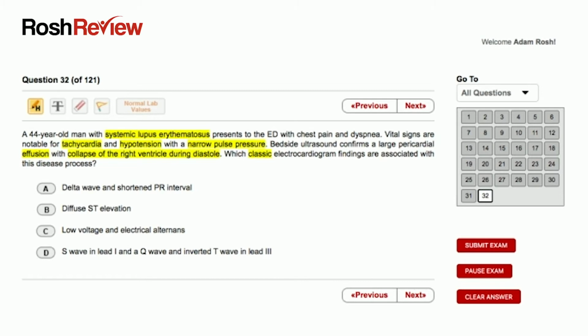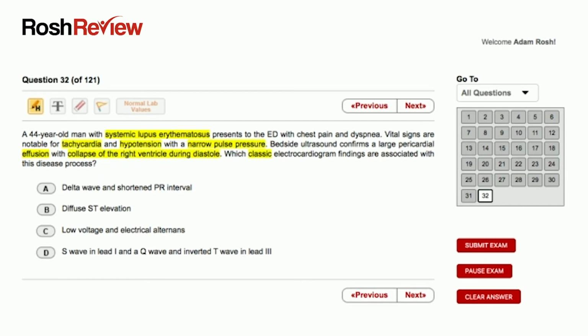So the difference between the systolic and the diastolic pressure becomes very small, and you get a narrow pulse pressure. And really, when the pressure around the heart, the right side of the heart in particular, gets too high, then ventricular filling becomes impaired, right? And you'll actually get collapse of the right ventricle. So these are classic findings associated with pericardial tamponade.